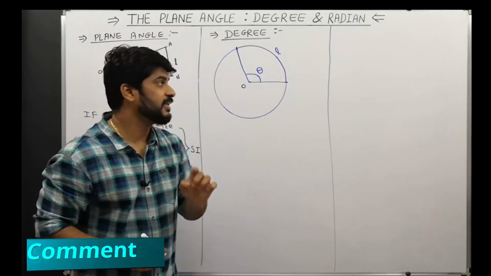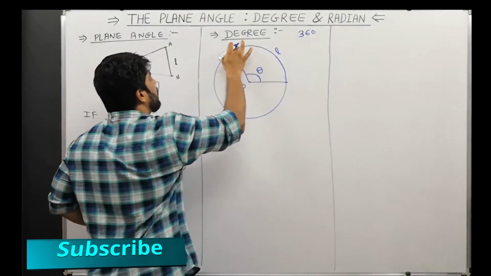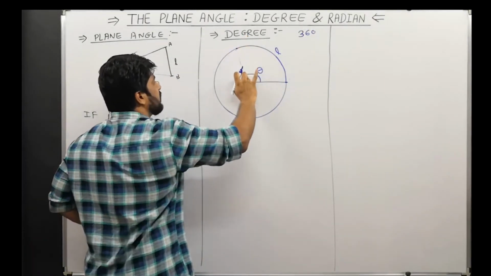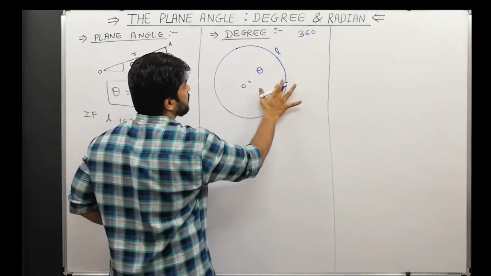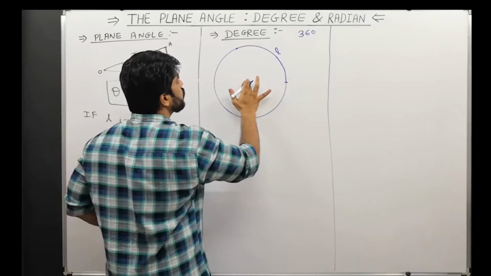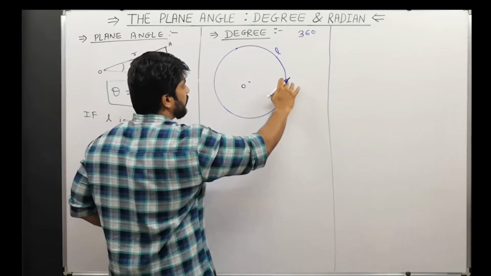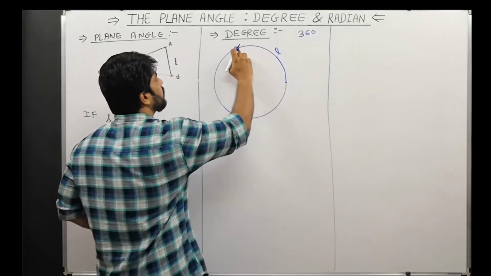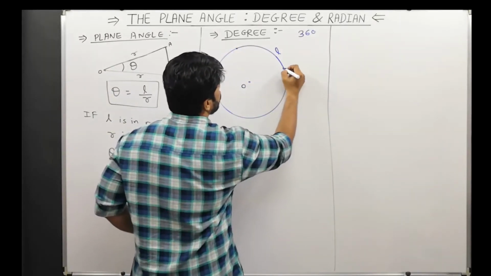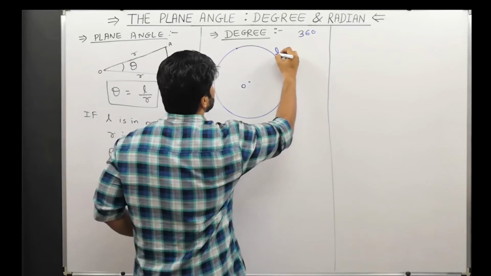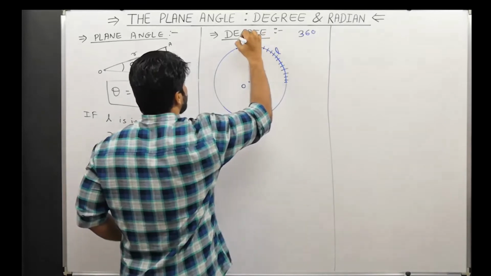Just imagine how small each part is going to be, at least in the case of this circle. Each part would be very small, like this, even smaller than this, because I am not able to draw that small a part over here.